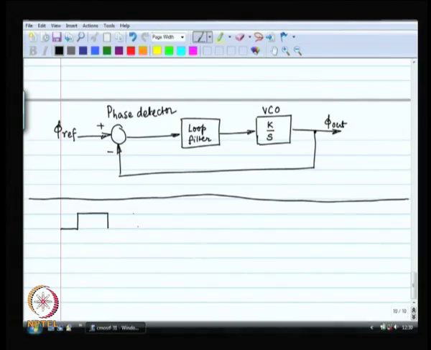The reference input is a square wave, so digital square wave. What about the VCO output? The hope is that the VCO also generates a square wave, right?